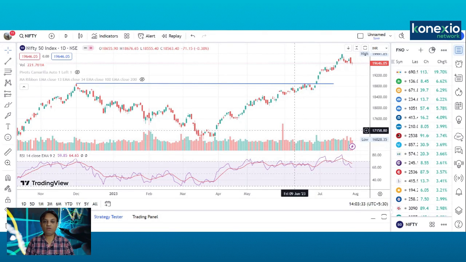As of now, you can see the markets are witnessing some sort of exhaustion at the higher levels. Now let us discuss the important support and resistance levels in the Nifty for the next week. The first support in the Nifty is placed at 19,563.